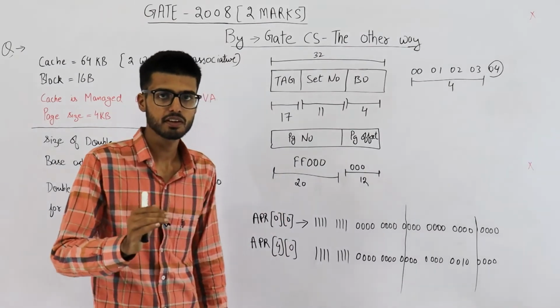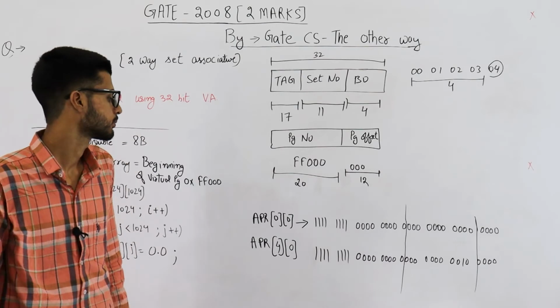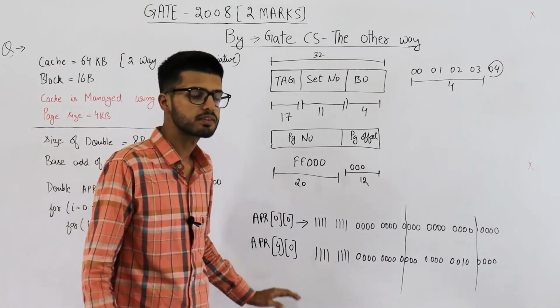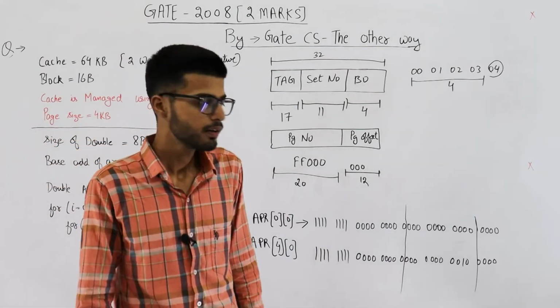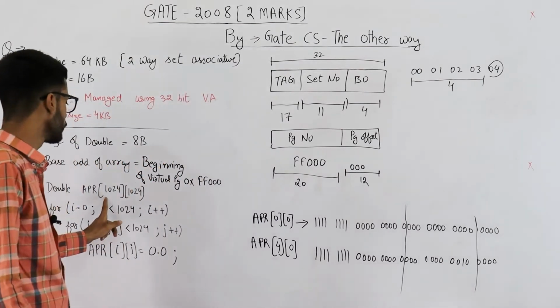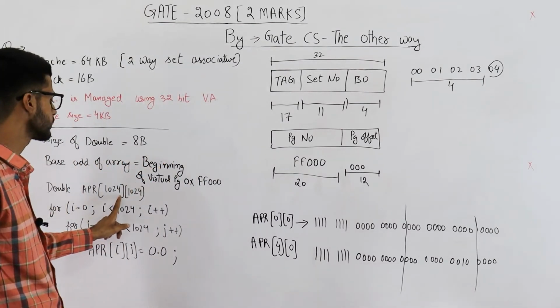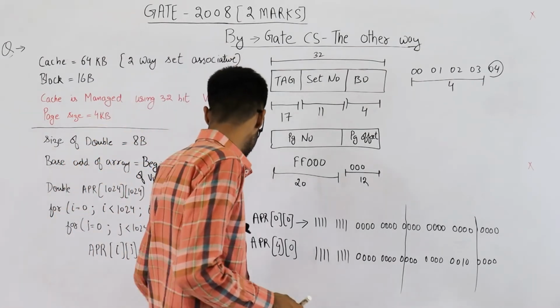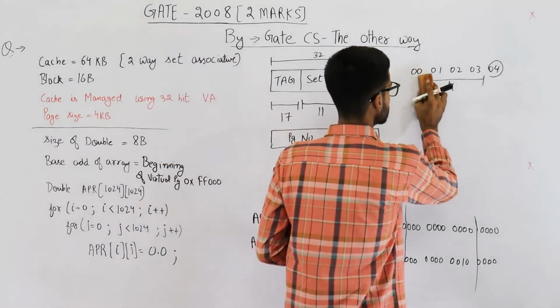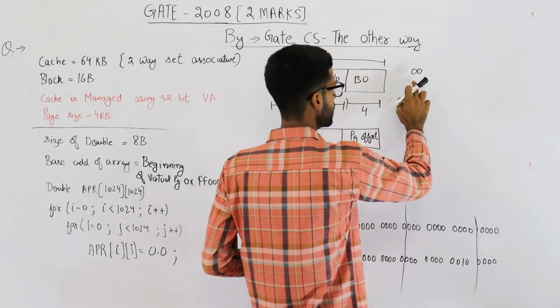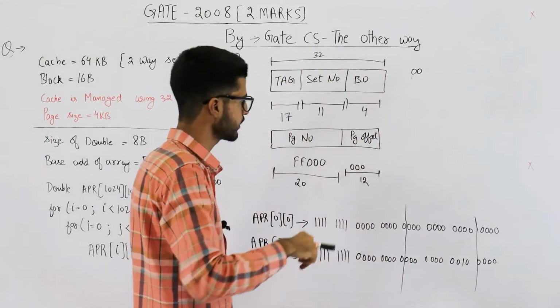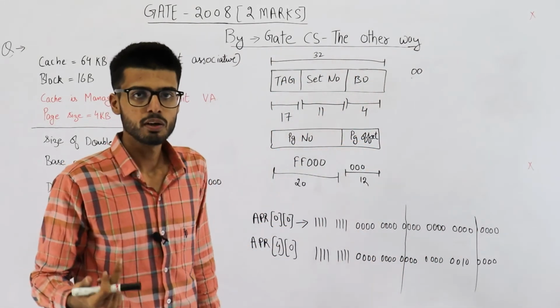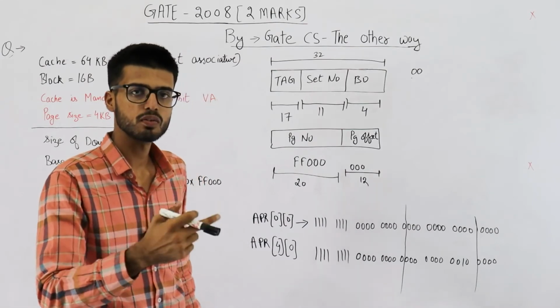That means 5th row, 0th element. Saying that you have skipped 4 rows completely means you have skipped 1024 elements 4 times. Each row has 1024 elements. That means to the address of this element 0,0, you are going to add 4 into 1024.